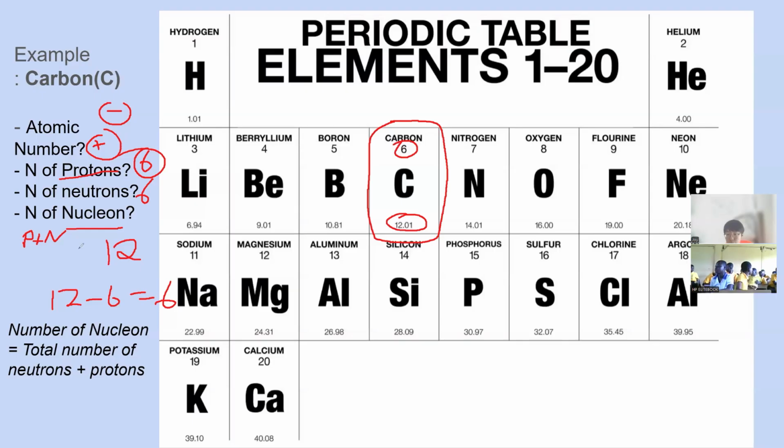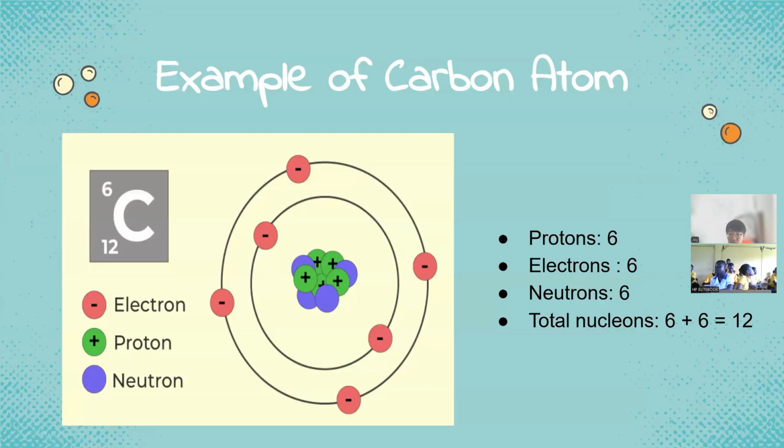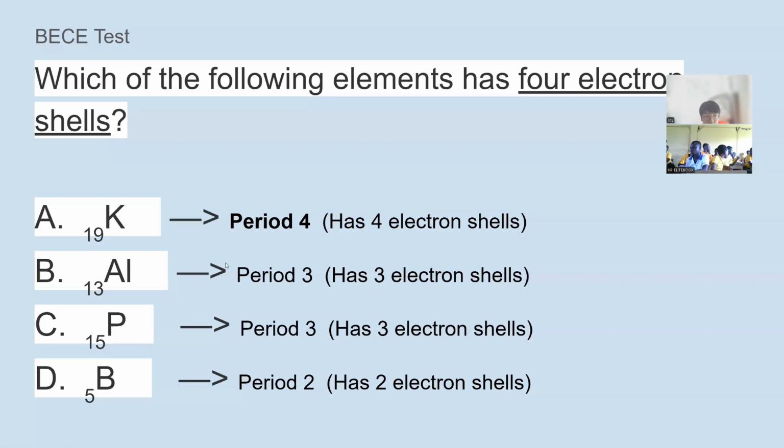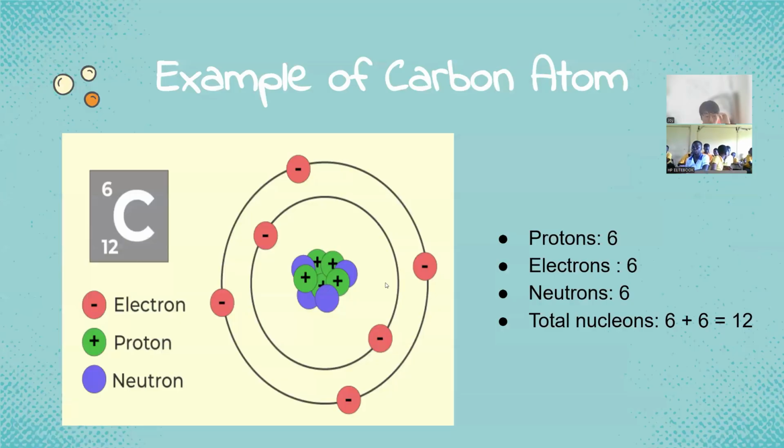So we need the same number of protons and electrons. Here we have an example of a carbon atom. We've talked about this. 6 protons and 6 electrons, 6 neutrons, and 12 nucleons. So this is how a carbon atom is arranged.